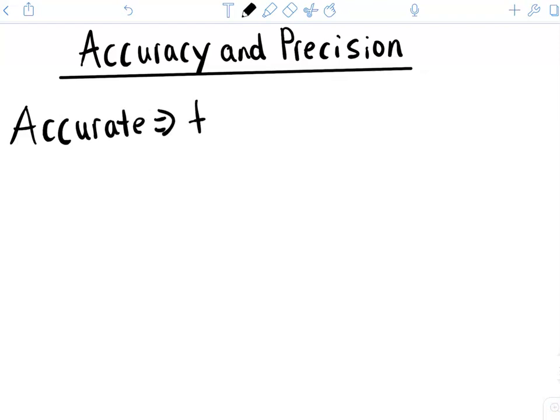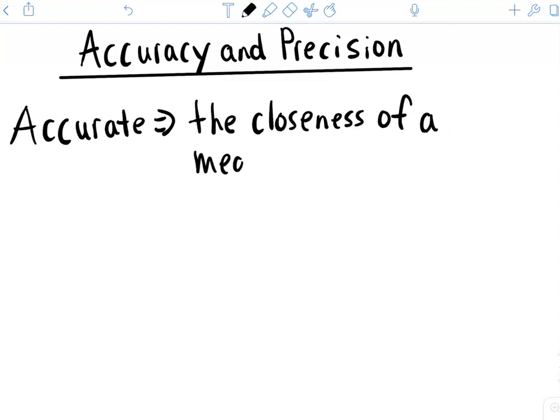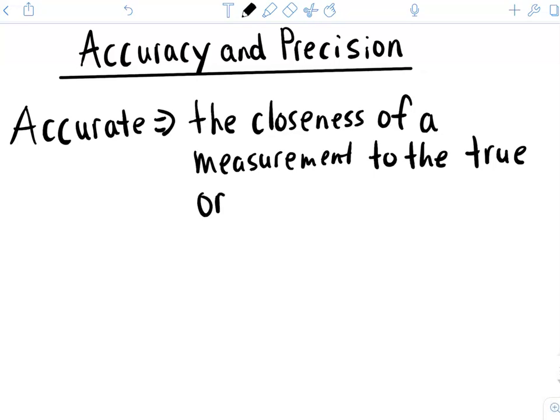So to be accurate means the closeness of a measurement to the true or accepted value.